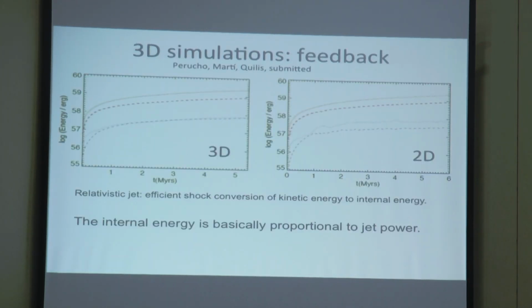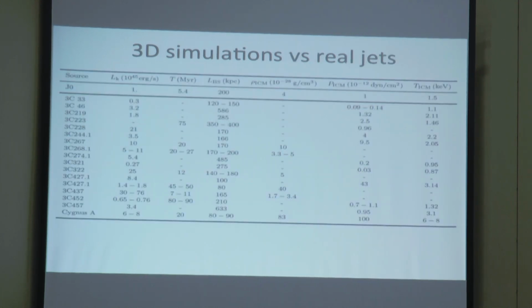What happens with efficiency? This is the 3D case, this is the 2D case, again with some differences for the jet, but we see that the energy deposition in the ambient medium is really efficient, and jet shock heating can be playing a very important role in this feedback process. In powerful sources, of course.